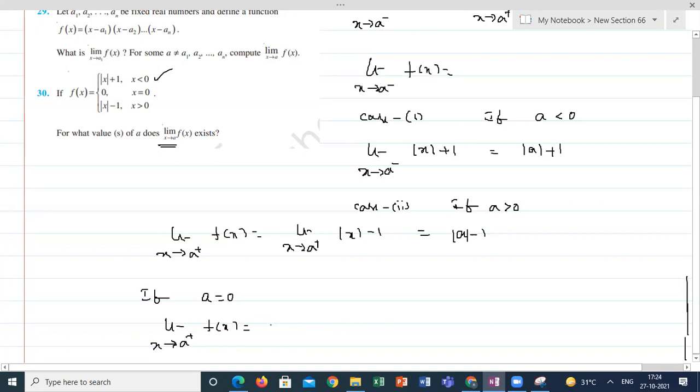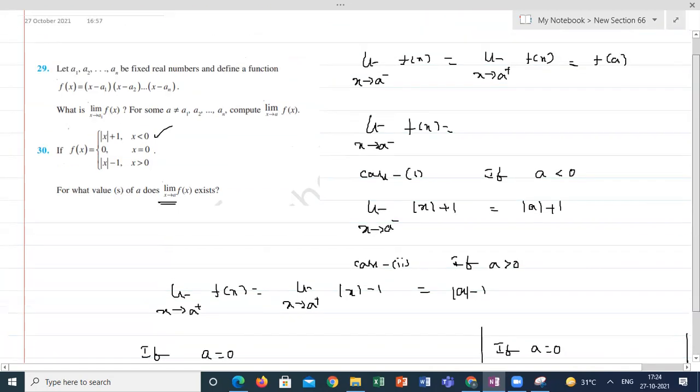When a is equal to 0, what is the answer? For a plus, a plus means a little bit greater than 0, so mod x minus 1 is 0 minus 1. The answer is minus 1. Same as if a is equal to 0, the limit as x tends to a minus of f of x will give 0 plus 1. It is plus 1.